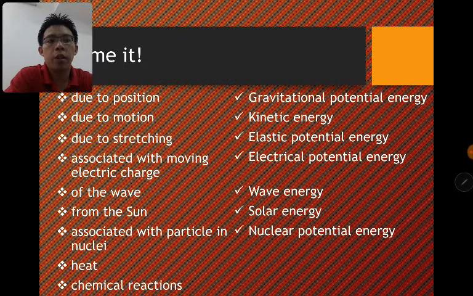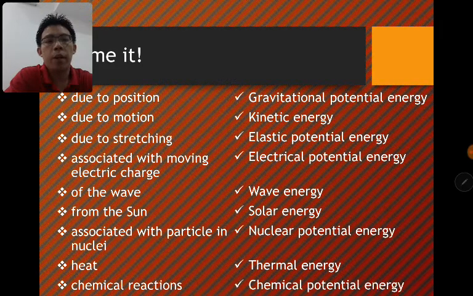Nuclear potential energy, think about the helium nucleus. Inside there are 2 protons and 2 neutrons. If you want to split them apart, you need some energy because they are bonded together. They have the nuclear potential energy. Thermal energy, and chemical reaction will be chemical potential energy.